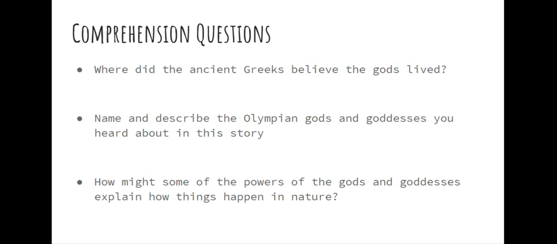What was Apollo, the first god we met, the god of? What about Artemis? What was she the goddess of? Who was the god of the sea and could create earthquakes? And who was the king of the gods? How might some of the powers of the gods and goddesses explain how things happen in nature?